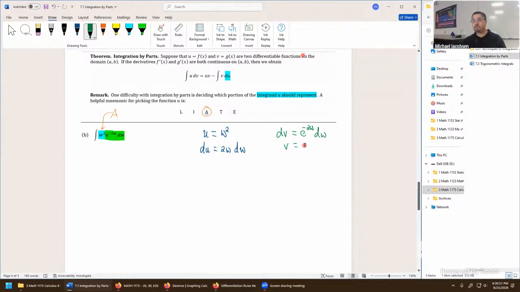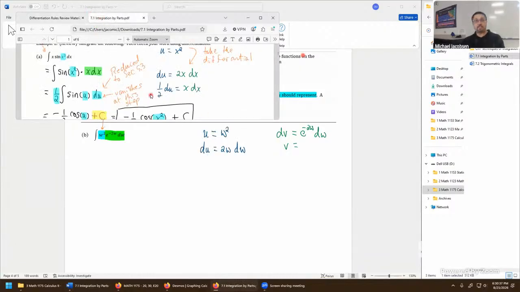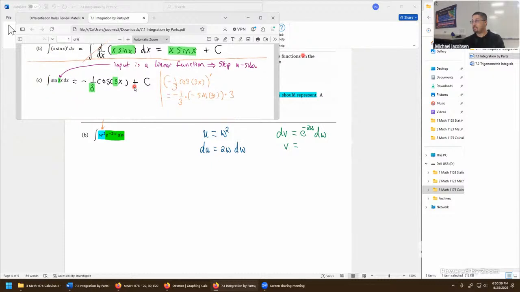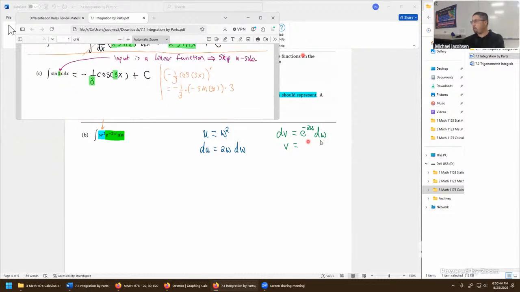And getting these antiderivatives, like we mentioned before in the notes, it could be a little bit of fighting, but if you find a special kind of antiderivative that looks like something along these lines, sine 3x, for example, the input to that exponential is a linear function in the variable w.